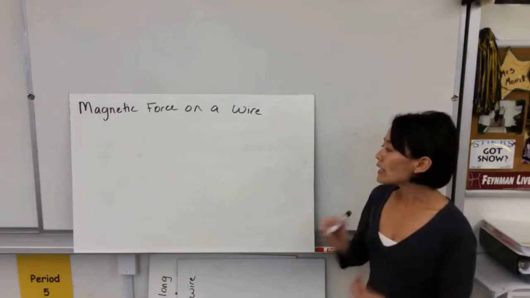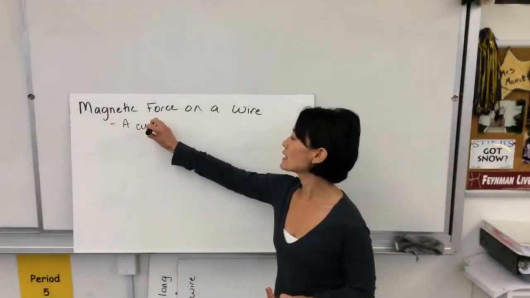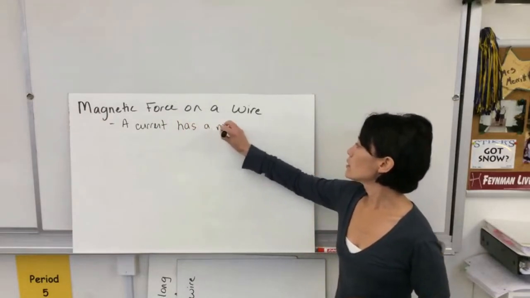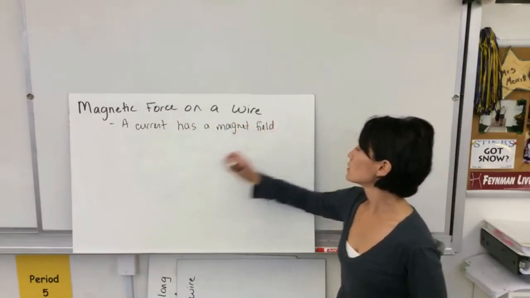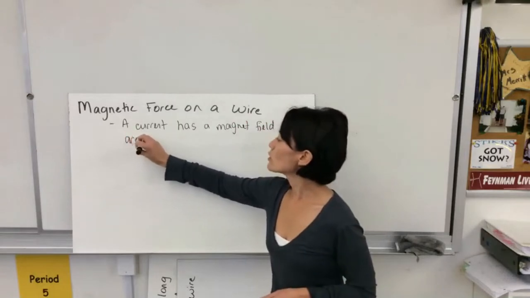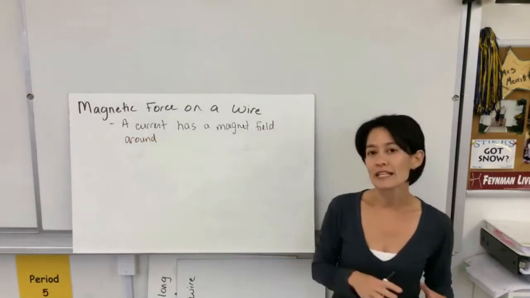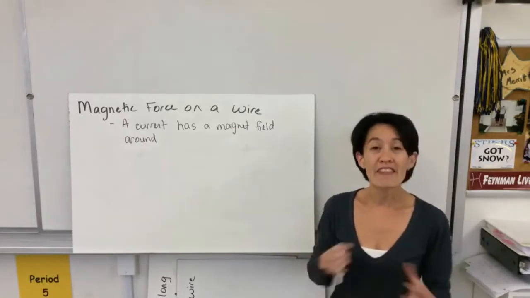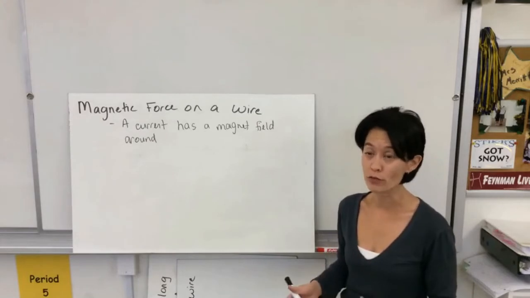So if you have a current, then the current always has a magnetic field around it. We talked about that before. And so if you have a current that has an existing magnetic field and you place it in an external magnetic field, then those two fields will interact and the wire that's carrying the current will actually experience a force.